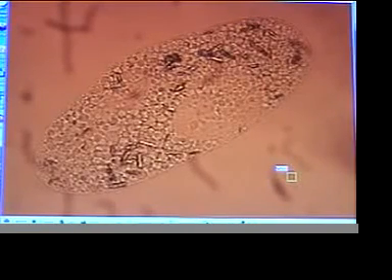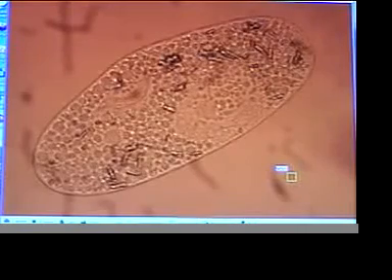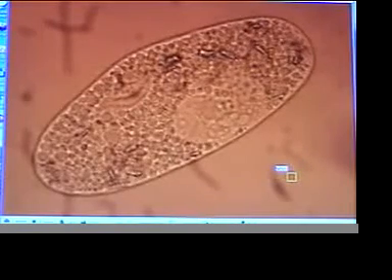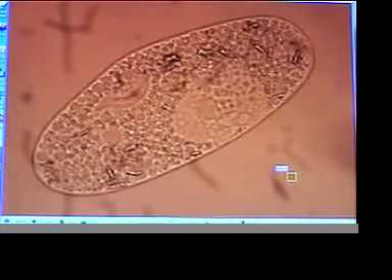He's not swimming, which is usually a sign of some effect. And he's filled with many, many tiny holes.